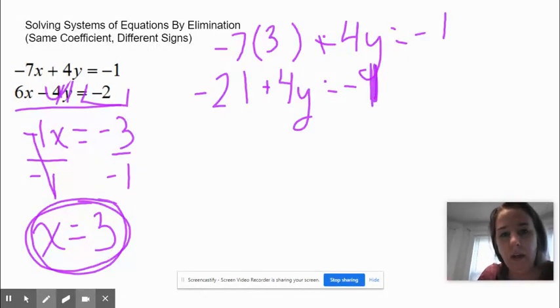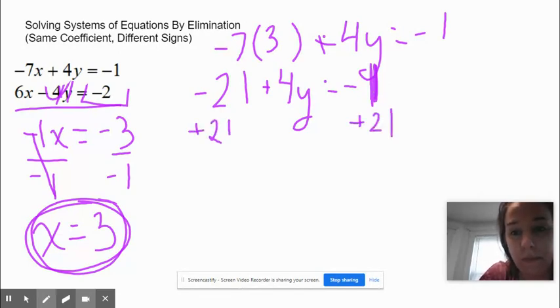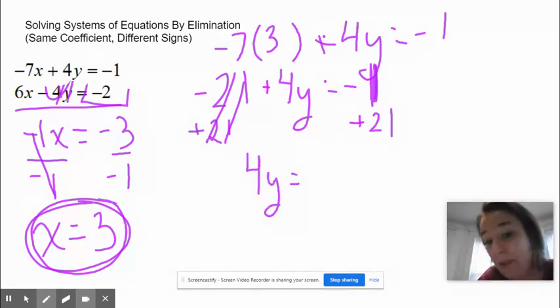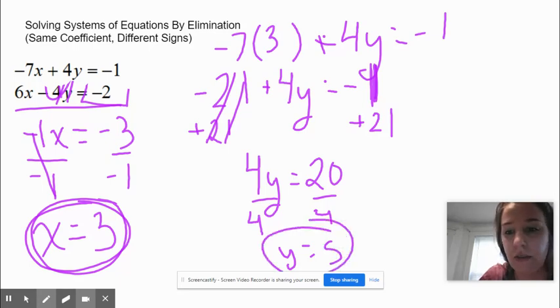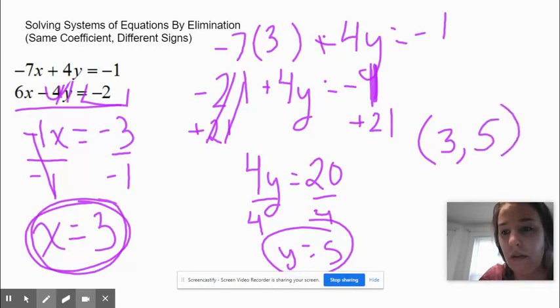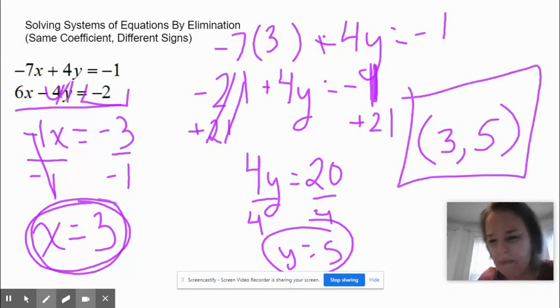Okay. We add 21 to both sides. Negative 1 plus 21 is 20. Divide both sides by 4. And y equals 5. So my final answer, I have x is 3, y is 5. So these are a little time consuming, but your assignment this week's not that long.